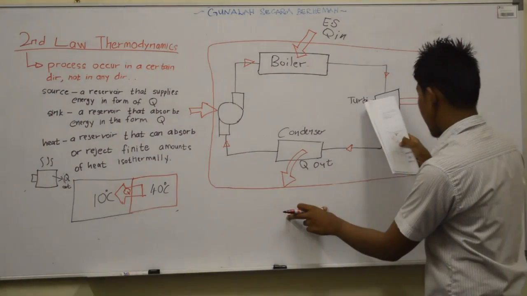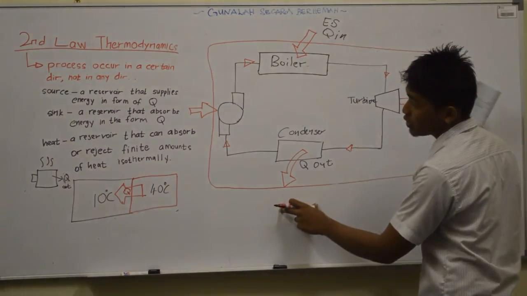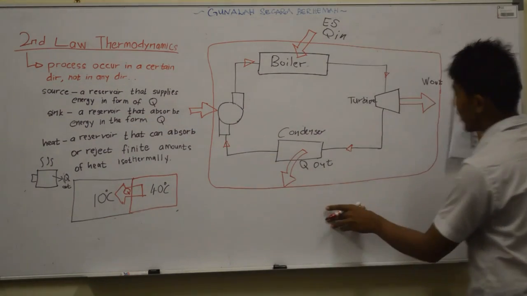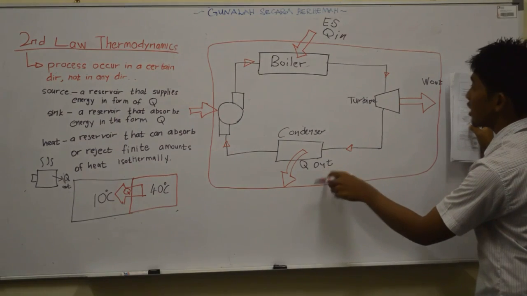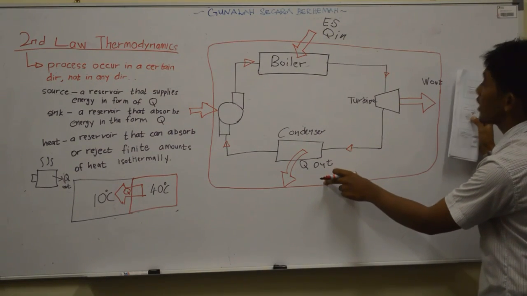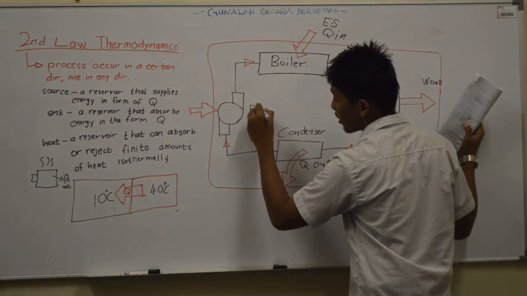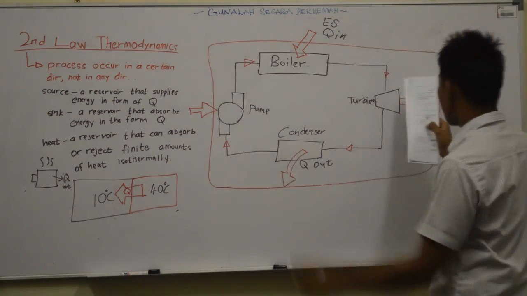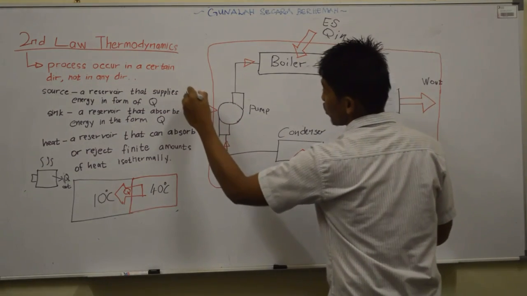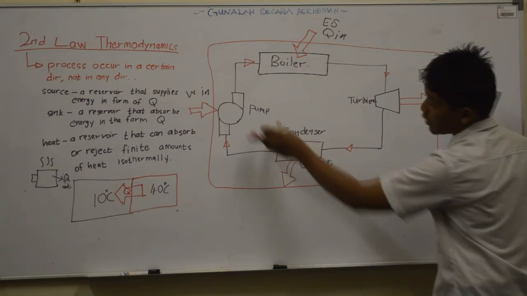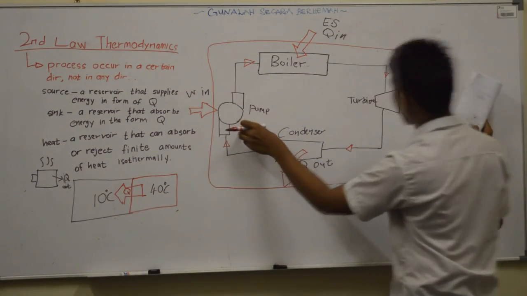At this point is the energy sink, such as the atmosphere. So you see this sink, a reservoir that absorbs energy in the form of heat. So an energy sink is, for example, the atmosphere. And then lastly is the pump. At the pump, the work will be inserted, which means the part where the work will enter is at the pump.